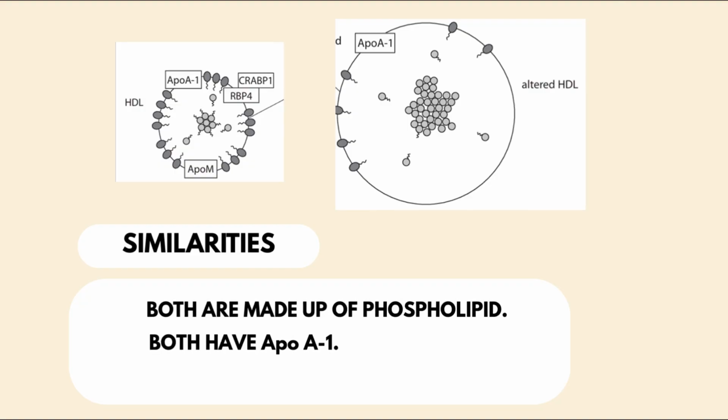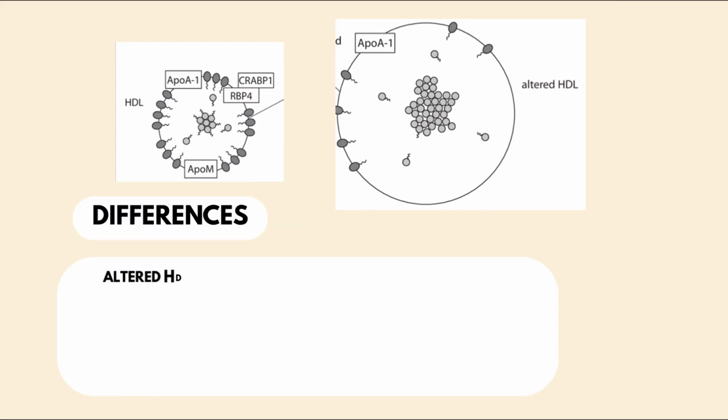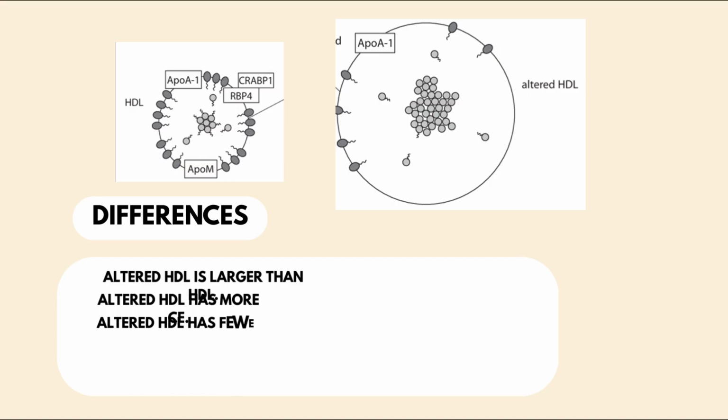And if we look into the differences, we can see altered HDL looks bigger, it's larger than the normal HDL. And altered HDL contains more cholesterol esters, CE. You don't need to write the exact word, just write they contain more CE. And if you look closely at the picture, they contain less long chain polyunsaturated PC.